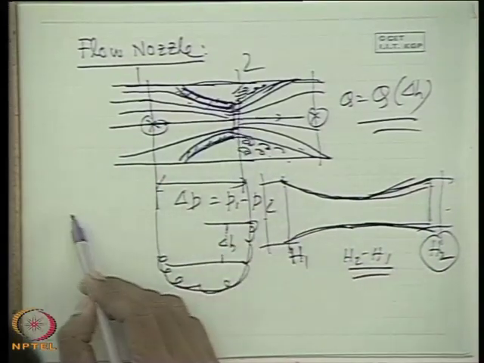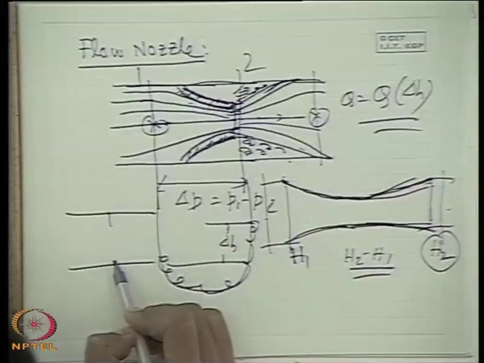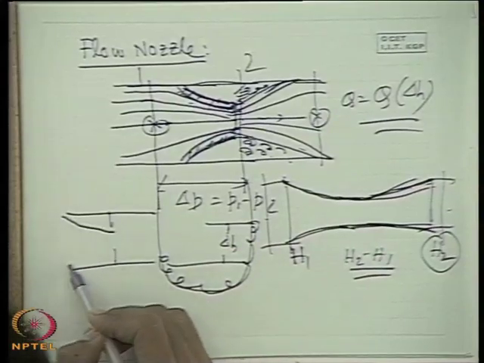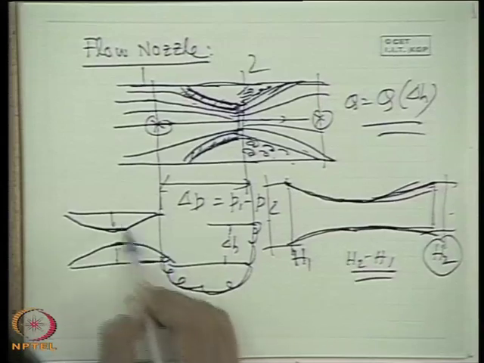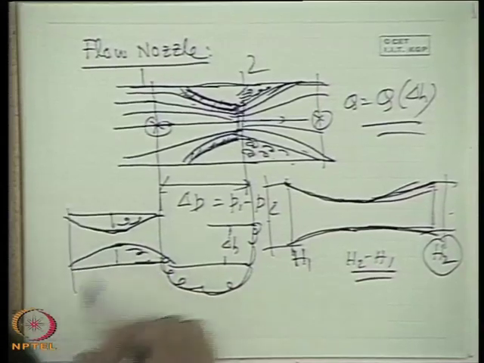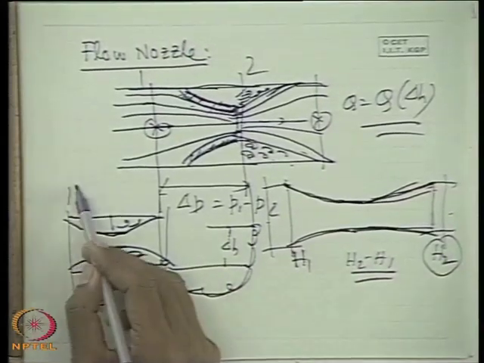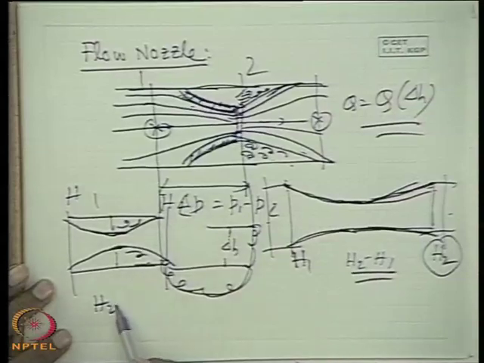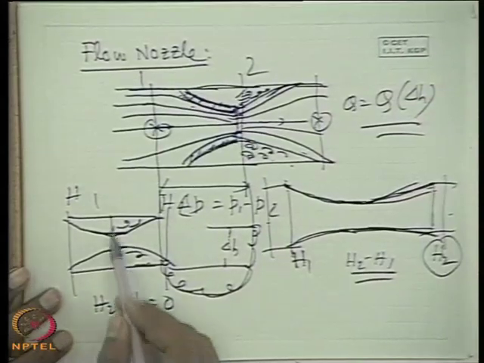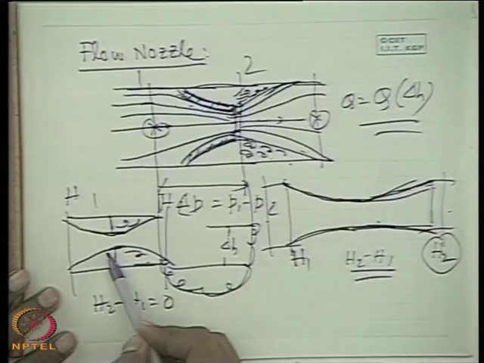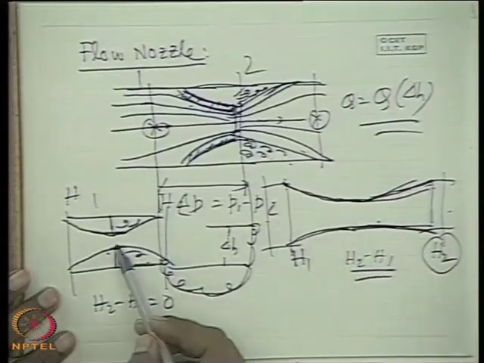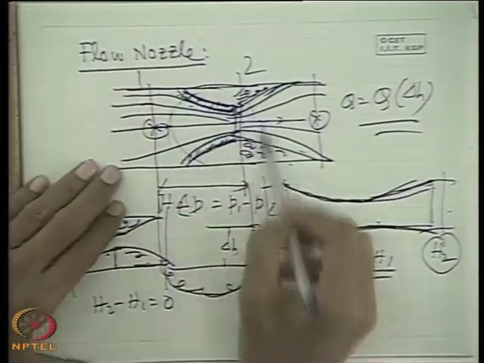Whereas in case of an orifice meter, the energy loss is tremendous, because it abruptly contracts and makes the vena contracta and then again diverges. So the energy loss is maximum in an orifice meter, but it is the cheapest. The venturimeter is the costliest, and the flow nozzle falls in between the two.